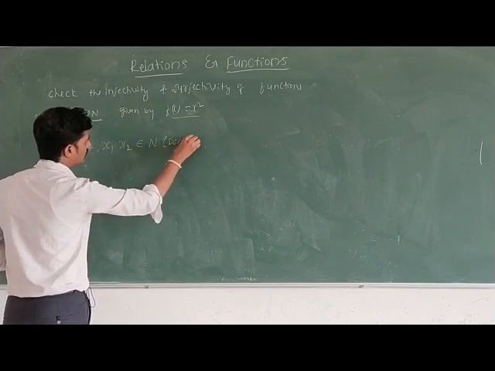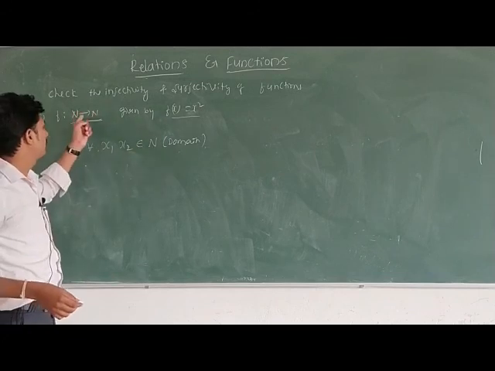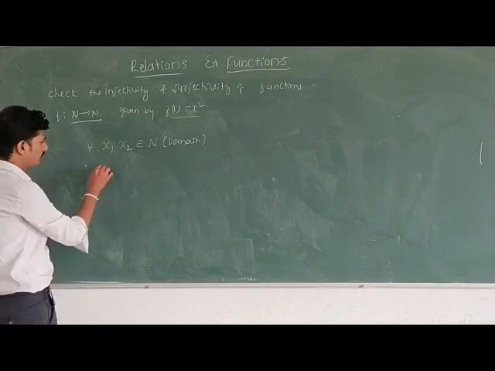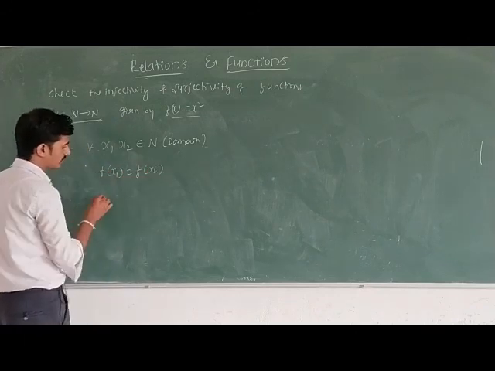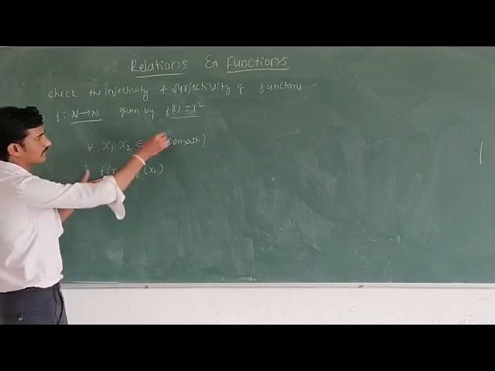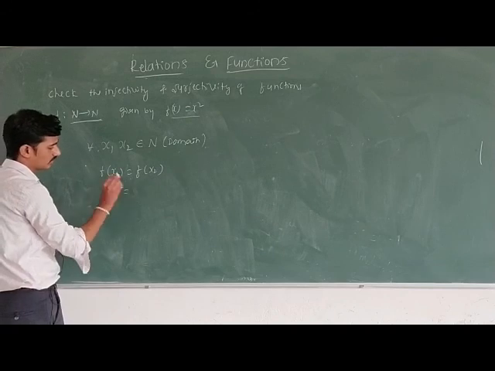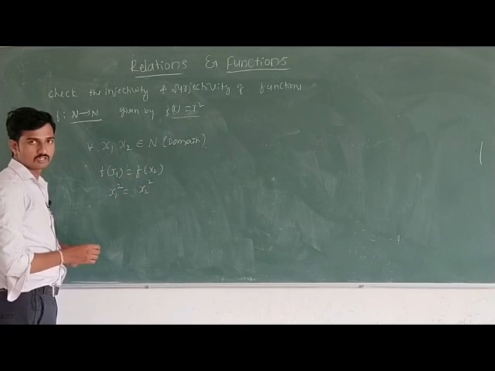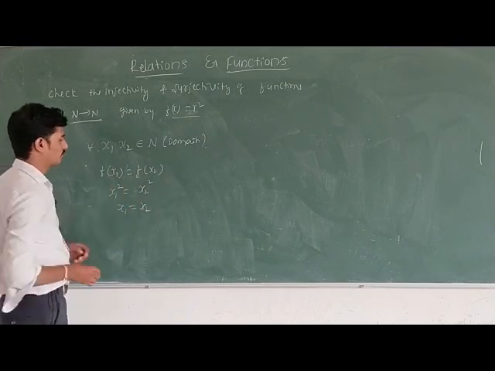Then if f of x1 is equal to f of x2, then here f of x is defined as x square. F of x1 will become x1 square, which is equal to f of x2, which becomes x2 square. Do you understand?